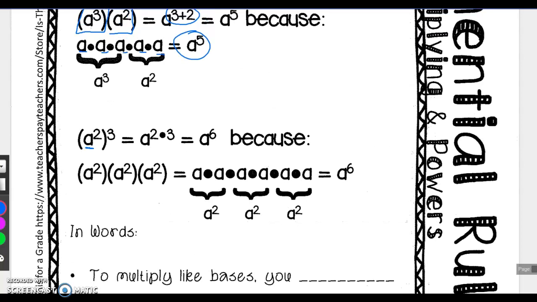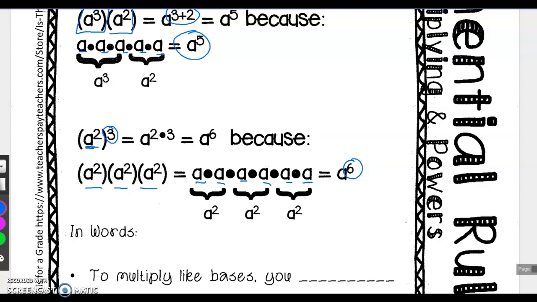So 1 base, a is raised to the second, raised to the third. Well, here, this a to the second, this 3 tells me I have 1, 2, 3 a to the seconds. Each a to the second breaks down into 2 a's. So altogether, you have 1, 2, 3, 4, 5, 6. But you could have gotten 6 just by multiplying the exponents.